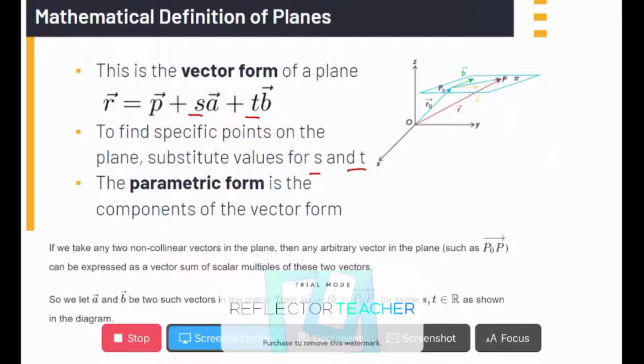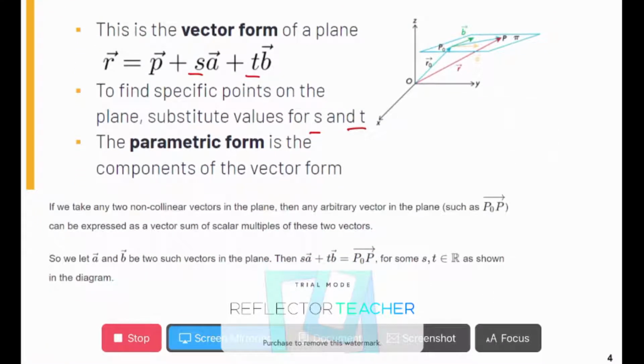And the parametric form is the components of the vector form. So just like before, we're just going to break it down into pieces. And we'll see that in a few moments. If we take any 2 non-collinear vectors in the plane, so that's my m1 and m2. And remember we said earlier that m1 and m2 can be any 2 vectors as long as they are not collinear.